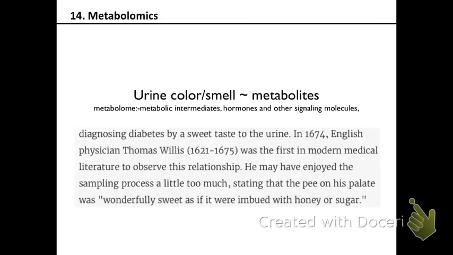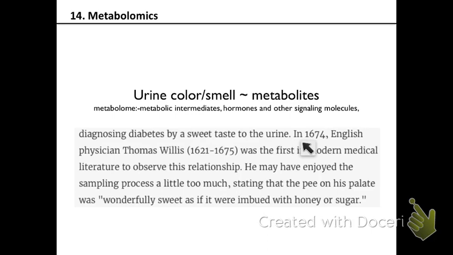All right. So the idea of our bodies having metabolites is really old, and the analysis of metabolites is also kind of old. For example, many hundreds of years ago diabetes was diagnosed by essentially the sweetness of urine.